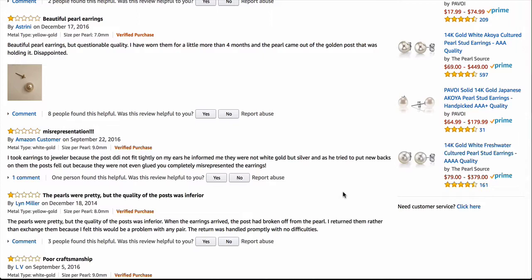I would talk about the lengths that we go through to ensure the pearl is secured on. I would even go into that process, and if I had pictures of where these are made, I could even tell a little bit of the story of the people who make them.